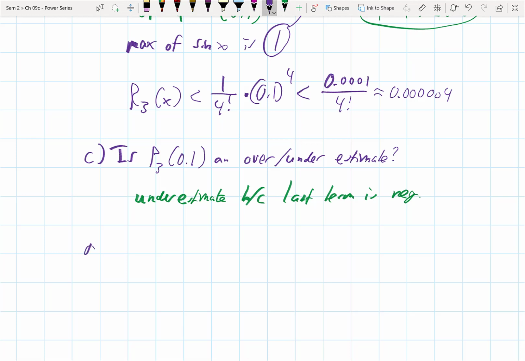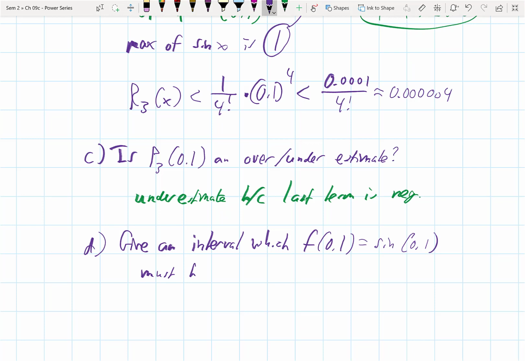And finally, D, I want to give an interval where f of 0.1, which is equal to sine of 0.1, must be bounded. So I'm going to give an actual interval where it must be bounded.